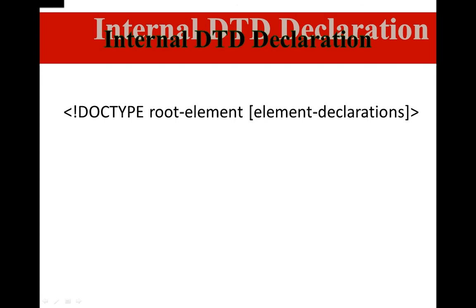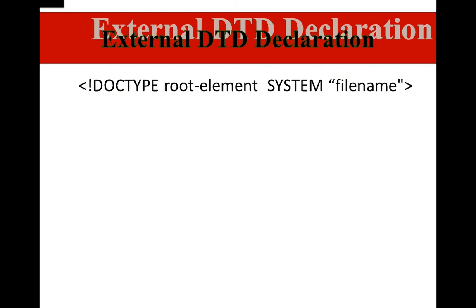This is how internal DTD declaration happens. Coming to external DTD, we write all the declarations in one document and save it with the extension .dtd, and refer to it with this syntax: DOCTYPE root element SYSTEM followed by the location of that file.